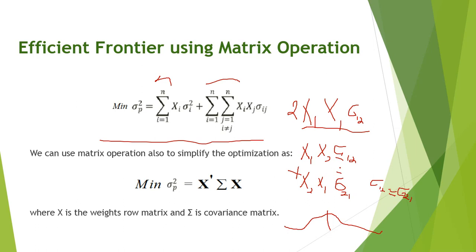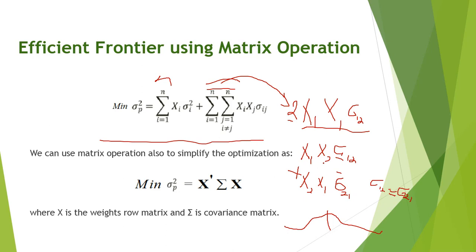So these terms become equal, and when we add them together, it becomes 2. When we generalize it, the double summation actually represents summing twice: x1 x2 covariance 1 2, x2 x1 covariance 2 1.